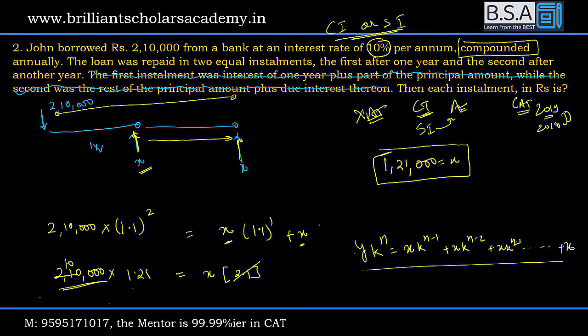I have not come across any question with more than 4 installments, because anything more than 4, you will need a geometric progression. That is advanced algebra. We don't expect that here.